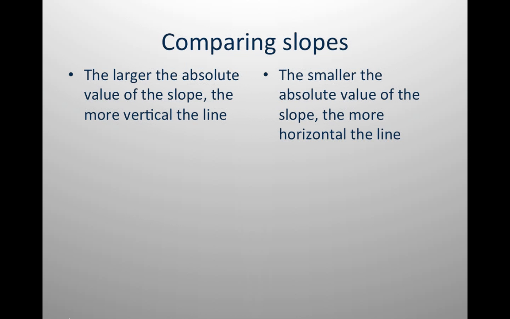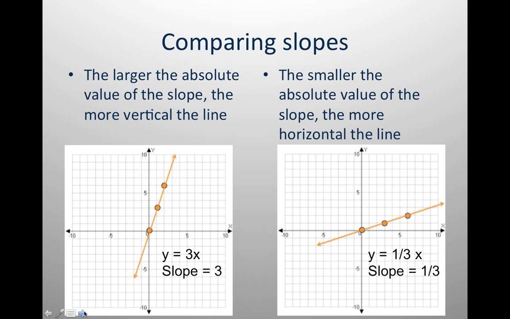Okay, the larger the absolute value of the slope, the more vertical the line. The smaller the absolute value of the slope, the more horizontal the line. So that one right there has a larger absolute value of 3.